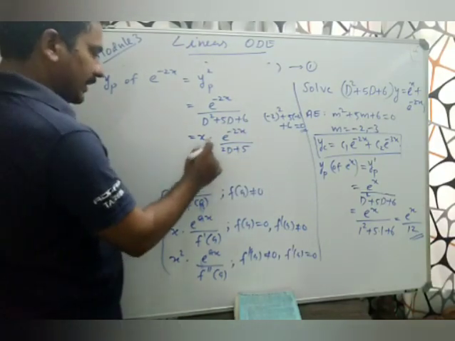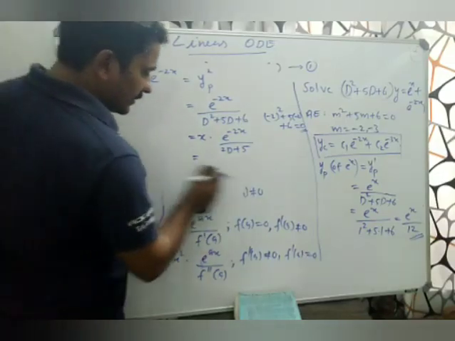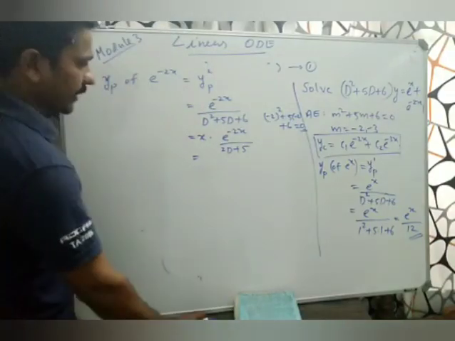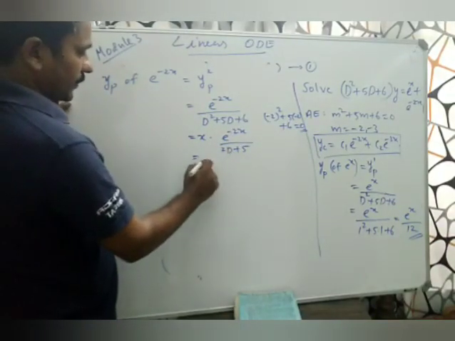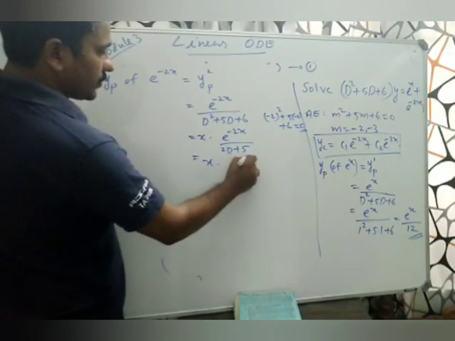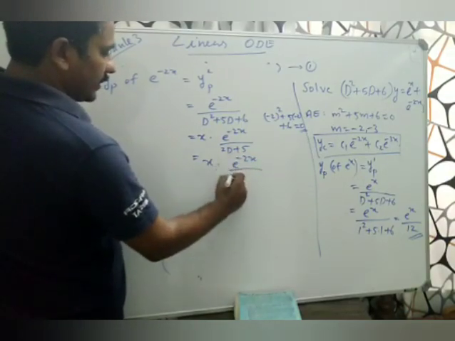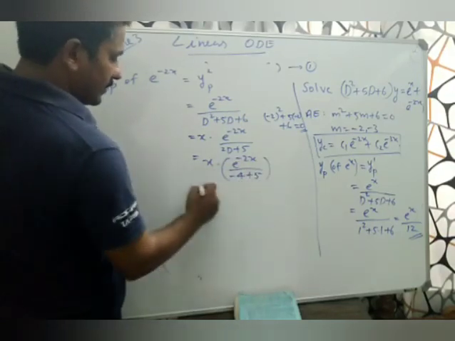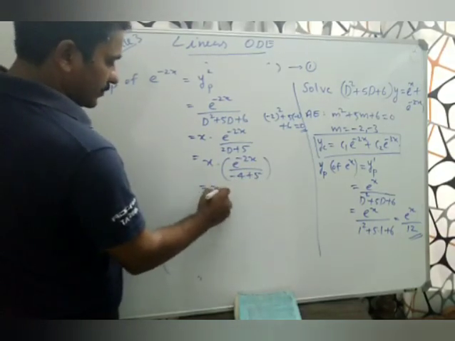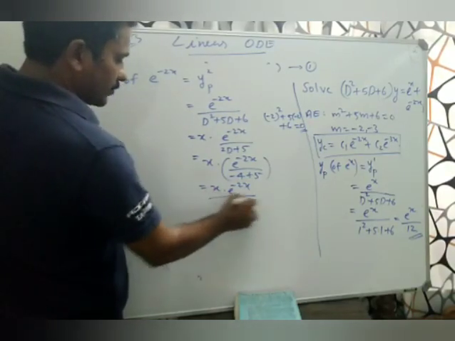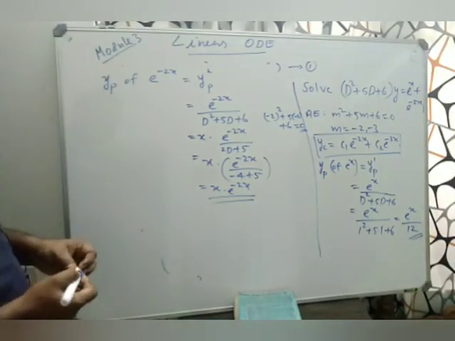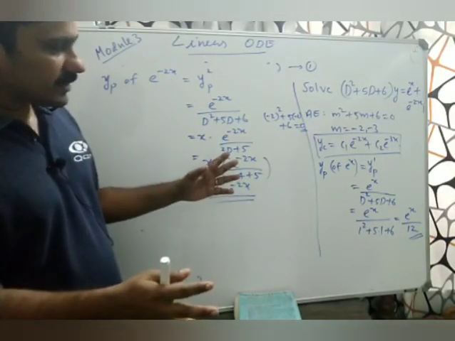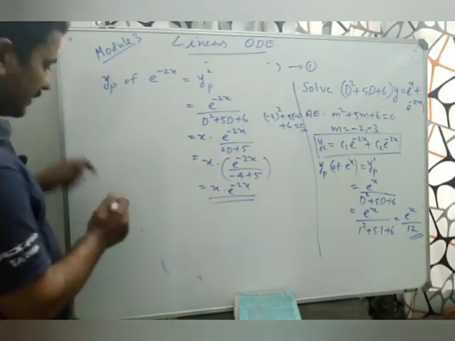Again you replace D by minus 2: x times e to the power minus 2x by minus 4 plus 5, and that is going to be 1. So x times e to the power minus 2x, and we have obtained the particular integral of e to the power minus 2x also.